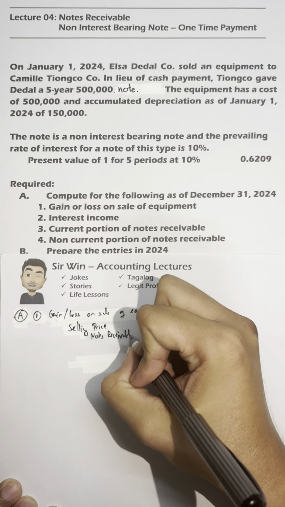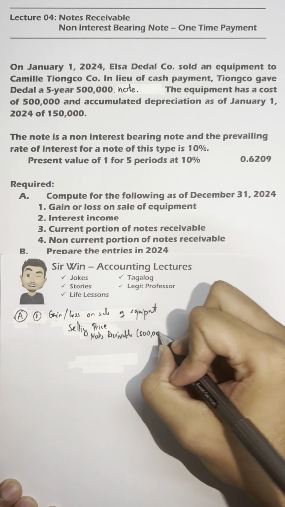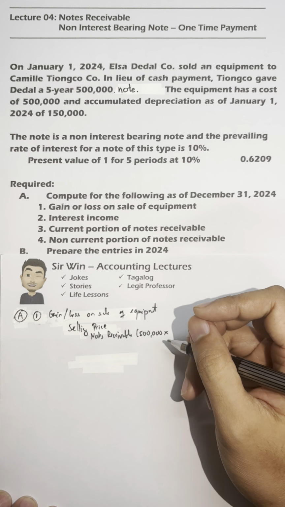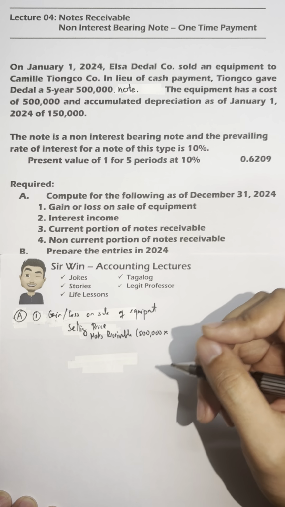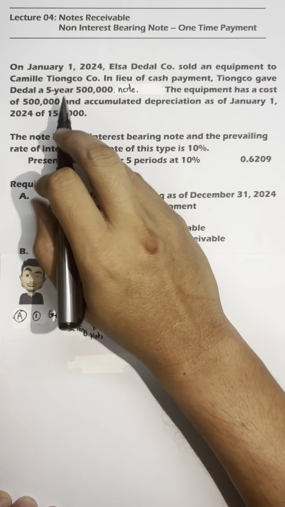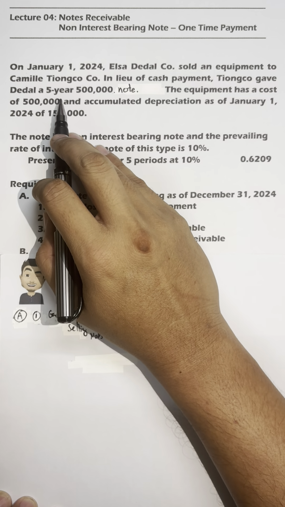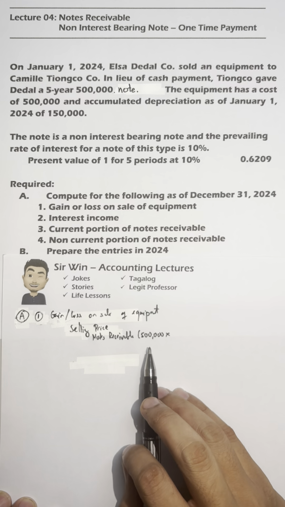Kaso nga lang, yung notes receivable mo, 500,000. Yung notes receivable na yan, may nakahalong interest dyan. Ang interest, hindi siya pwedeng maging selling price kasi that is another income. Okay? There is an interest income kasi nga, binenta mo siya, okay? O, tinanggap mo yung note na 5-year. So yung value ng 5-year, magkano yun? Kailangan mo siyang ihiwalay doon sa 500,000 na to.